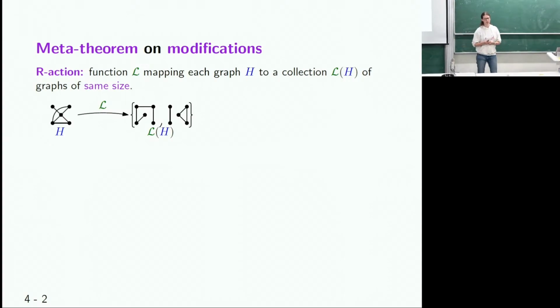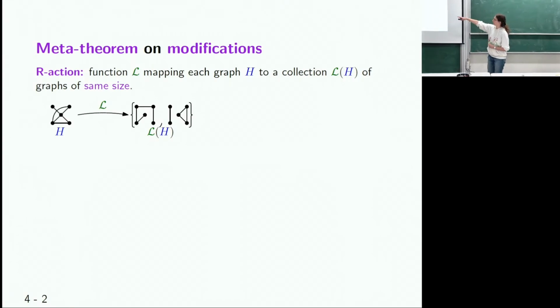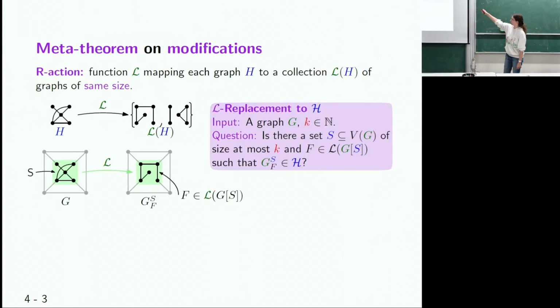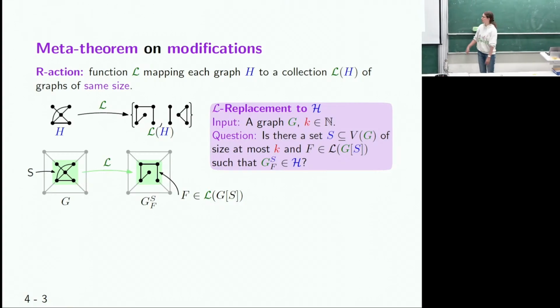So for instance, if the modification you want is removing k edges, to each graph H, you will map all the graphs that you can get from H by removing at most k edges.